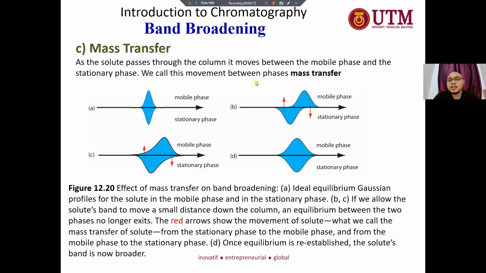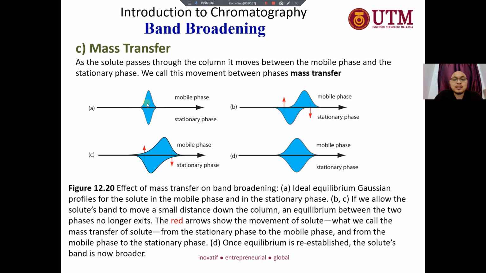It means the analyte will move from the stationary phase to the mobile phase, and the analyte in the mobile phase will move to the stationary phase. They keep exchanging to achieve equilibrium. We call this mass transfer.